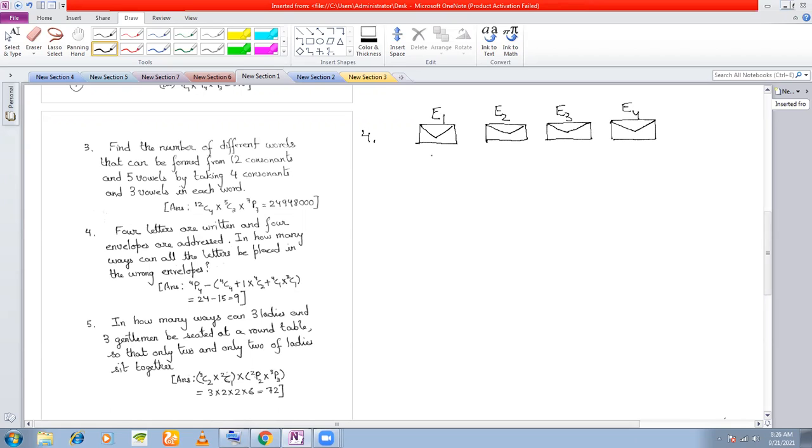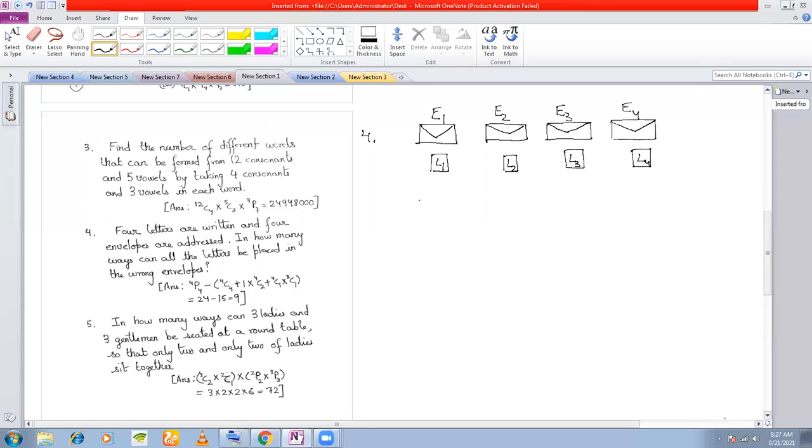Okay, and you have 4 letters such that E1 is the correct envelope for L1. E2 is the correct envelope for letter L2. E3 is the correct envelope for letter L3, and E4 is the correct envelope for the letter L4. Okay. So that means if L1 is put in E1, it is a correct envelope. L2 is put in E2, correct. L3 put in E3, correct. L4 put in E4, correct.